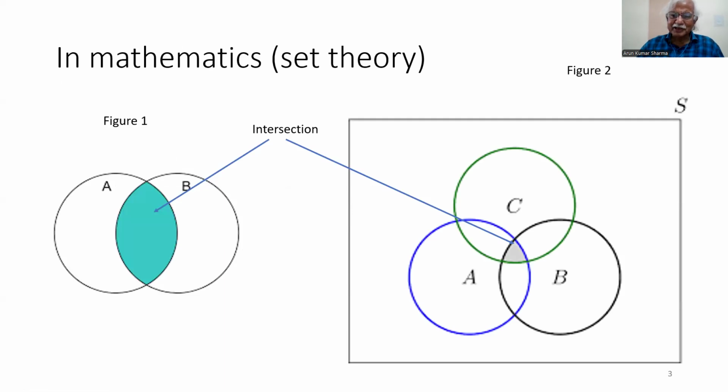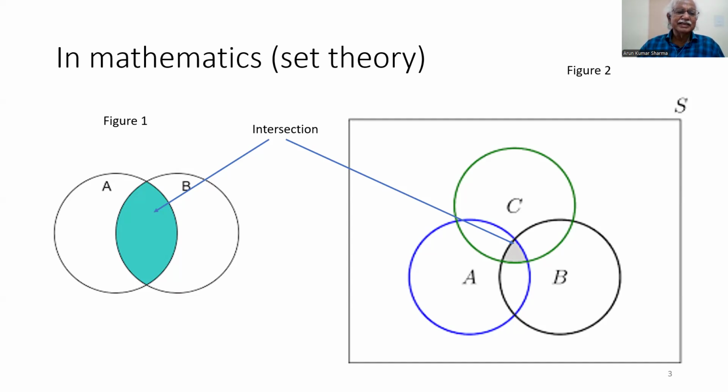Friends, I came across this term intersection first time when I was a student of mathematics, long back, when I studied at 10+2 level. And intersection was defined like this, that imagine that there are 2 sets. In figure 1, there are 2 sets, A and B. And set is anything that consists of a number of units.